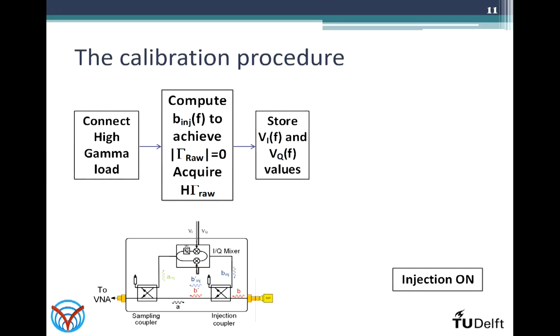Then we store and we keep constant the I and Q values at every frequency point during the whole measurement, because in this way we set the reference impedance of our system to the impedance we used to perform the calibration, that is our reference.